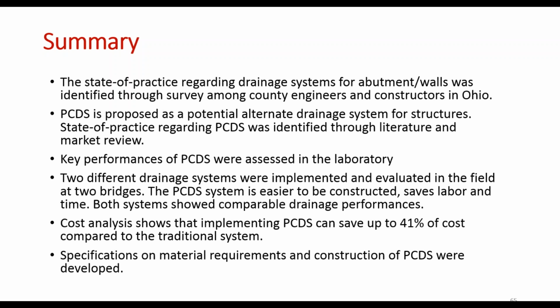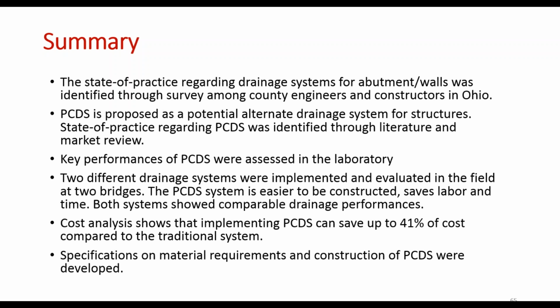These two drainage systems were implemented and evaluated in the field, and the PCDS system is easier to construct, saving labor and time. Both systems show comparable drainage performance. And cost analysis shows that implementing PCDS can save up to 41%, but this is a lower bound.